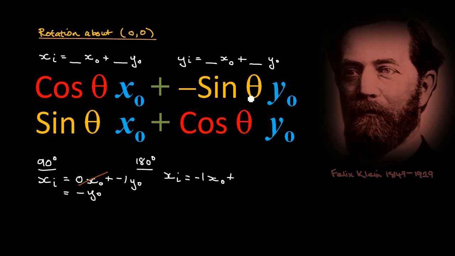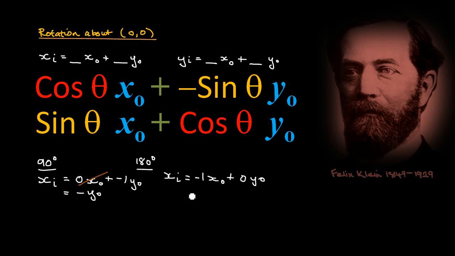And sine of 180 degrees is the same as sine of 0. In other words, it's 0. So minus 0, well, that's just 0. So we add 0 times the y component of the object.